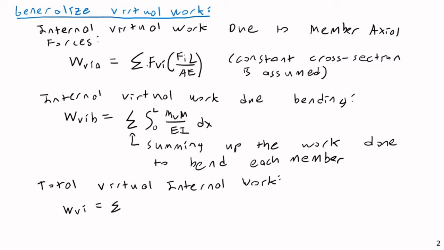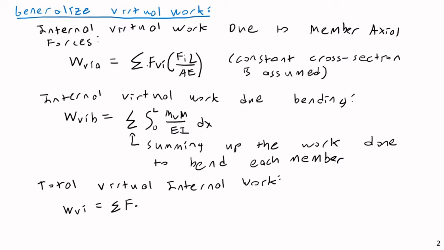Energy is a scalar quantity rather than a vector, so we can simply add together the energy terms. That's the really nice thing about energy methods. So the final internal virtual work term is just the summation of each of these things.